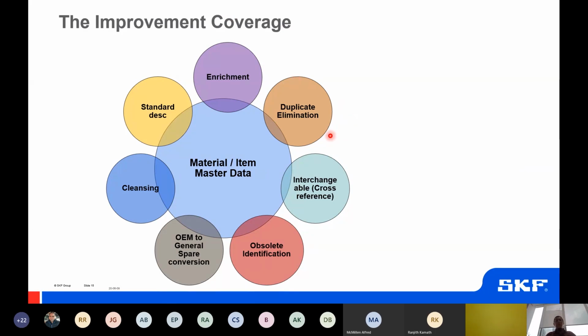Okay. And then by doing the enrichment, we may also get the interchangeable, the cross-reference, particularly for organizations that use the material code as a reference, compared with a non-modifier driven or template material driven approach, because some organizations still use the material code to drive their material management.